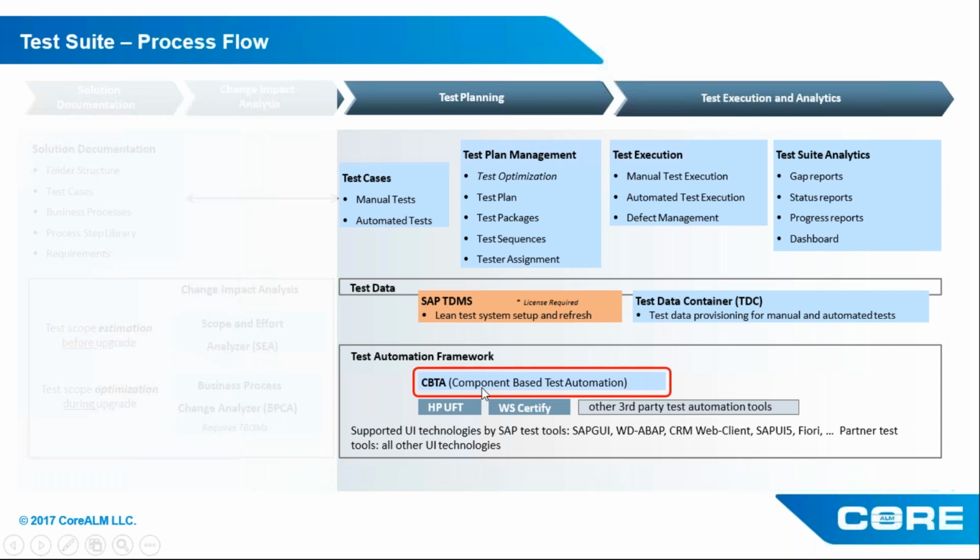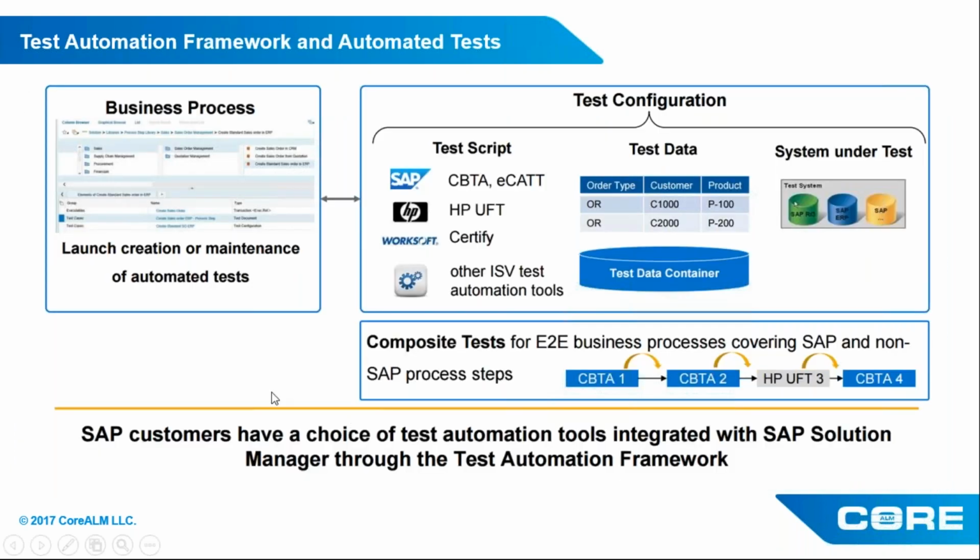It evolved from SAP TAL, which worked with HP ALM. HP UFT also is a tool, but CBTA does everything that TAL did, and then there are other additions that have been made to that. So it does cover UI5, and I'll show you that in the demo. So again, UFT would be mainly for non-SAP, or if there are any SAP UIs that would not be covered, then UFT could be used.